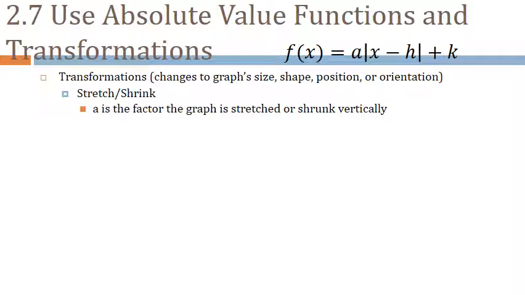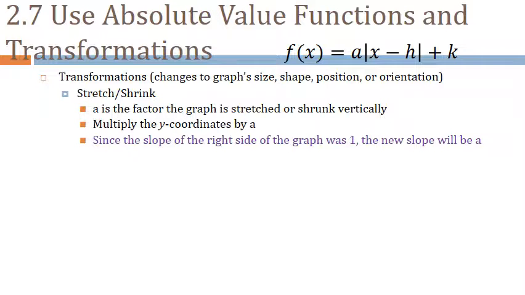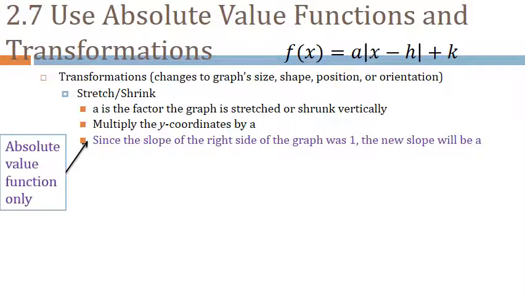If A was a half, it'll be half as tall. That means we multiply the y coordinates by A. Since the slope of the right side of our absolute value graph was 1, the new slope will be A. That's only for absolute value functions.